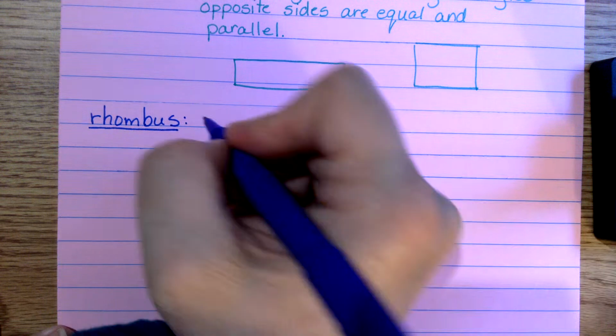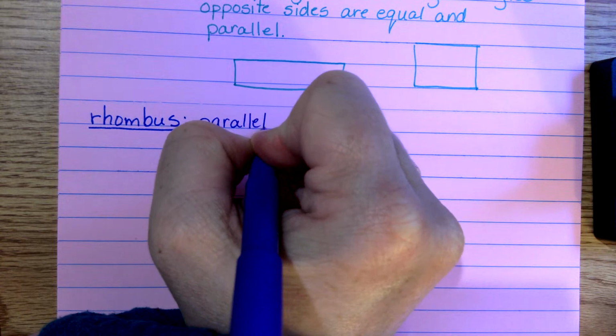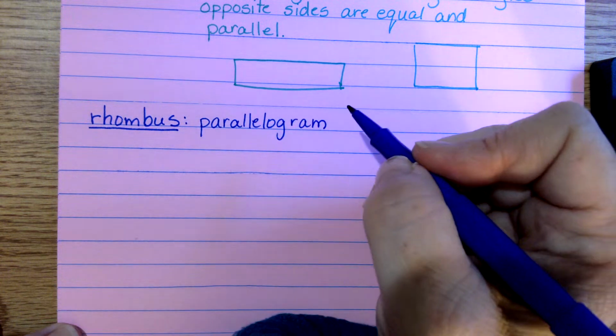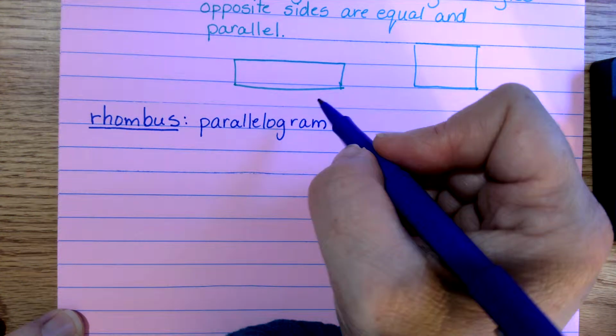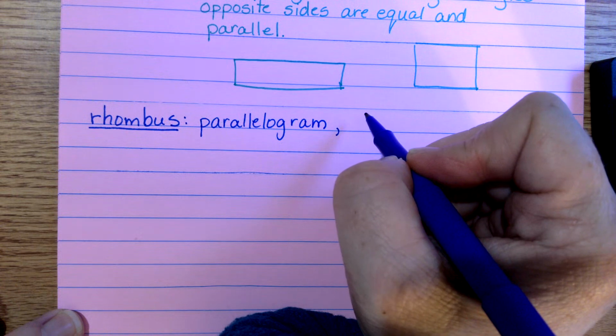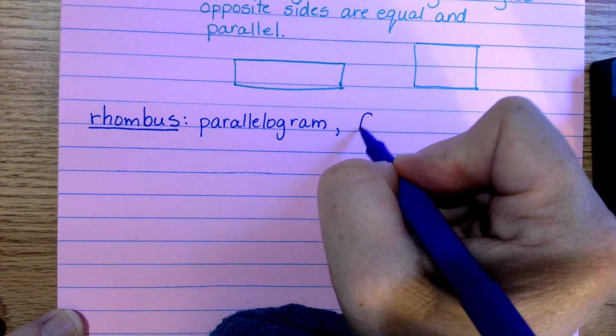And a rhombus is a parallelogram, and it has four equal sides.